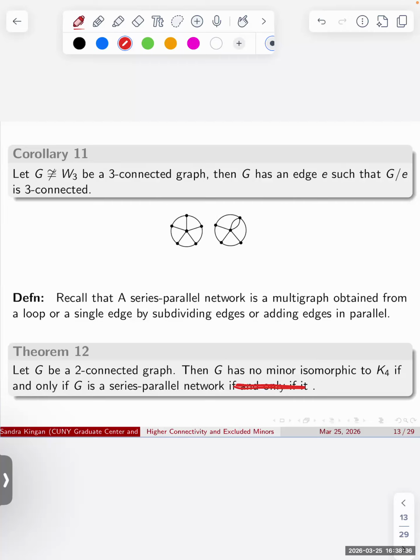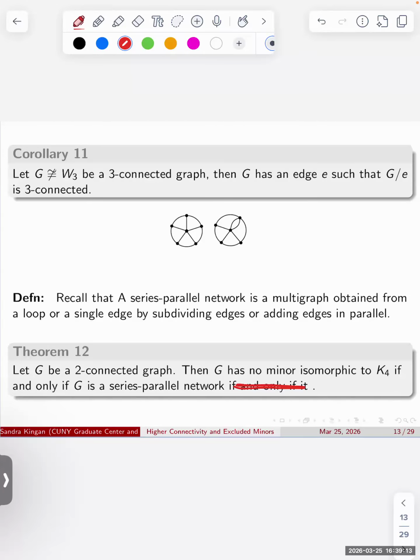And we're not requiring a three-connected graph to be simple. So in the definition of three-connected graph, you can have parallel edges. If we want to talk about simple, we'll specify simple graphs. And this is actually where the distinction between graph connectivity and matroid connectivity starts to kick in, because some of the big structural results that we'll talk about later are really matroid theory results.